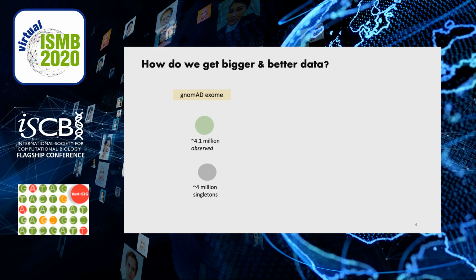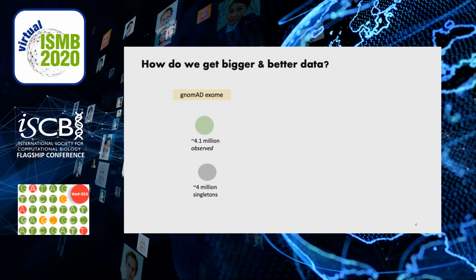So how do we get the bigger and better data? We know that there's a relatively large sequencing cohort called gnomAD, and from it we extracted about 4.1 million observed synonymous variants that are mapped to the transcript level.